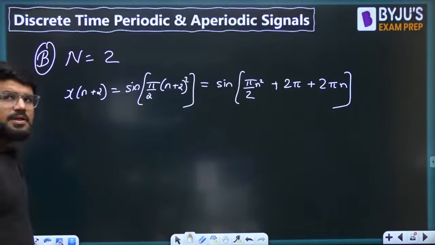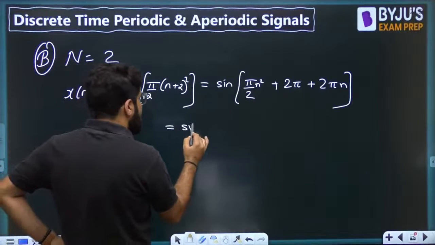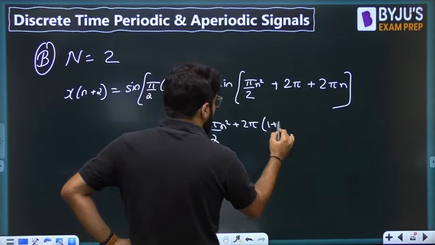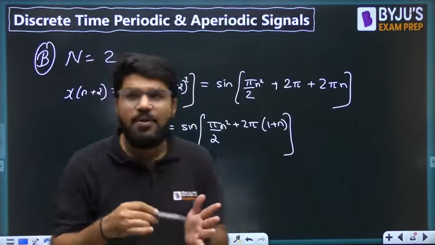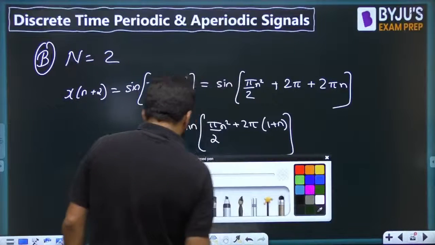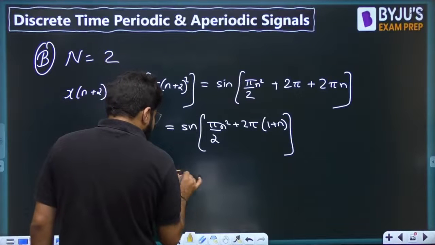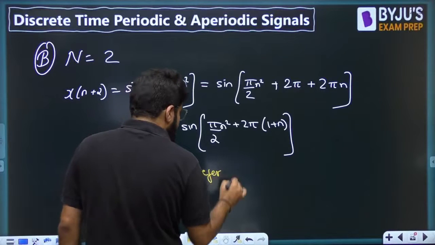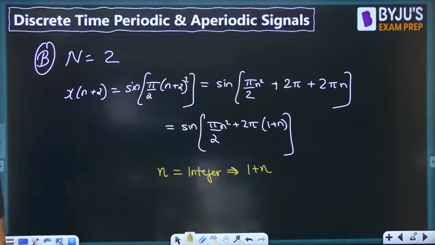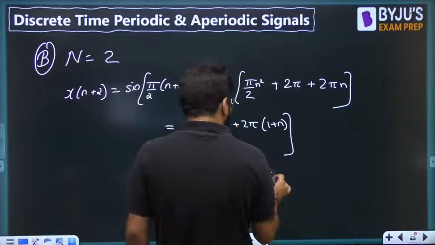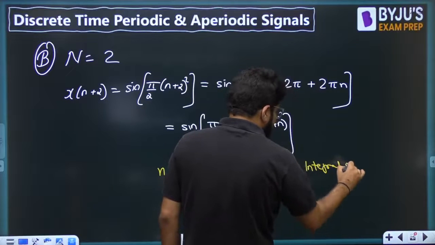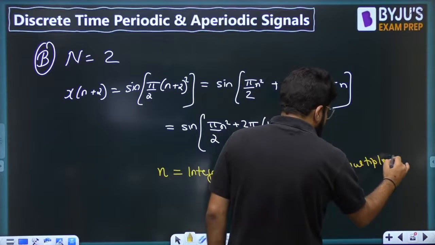Now, this is equal to sine of pi by 2 n square plus 2 pi common taken, so (1 plus n). In the DT domain, n is always an integer. So (1 plus n) times 2 pi is an integral multiple of 2 pi.